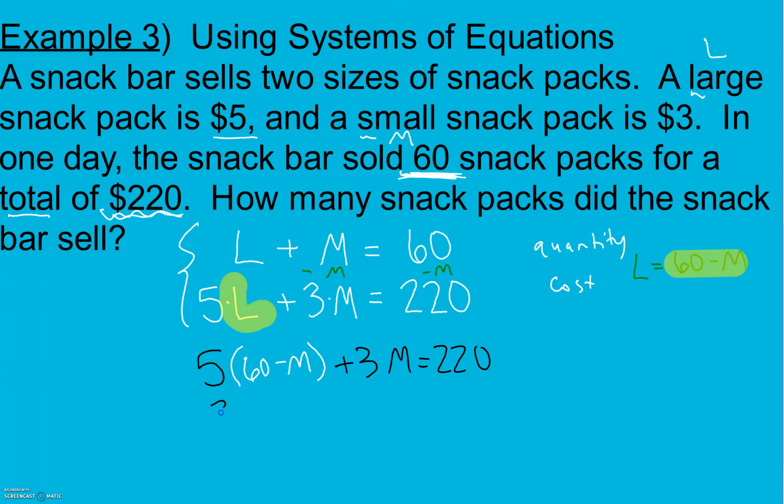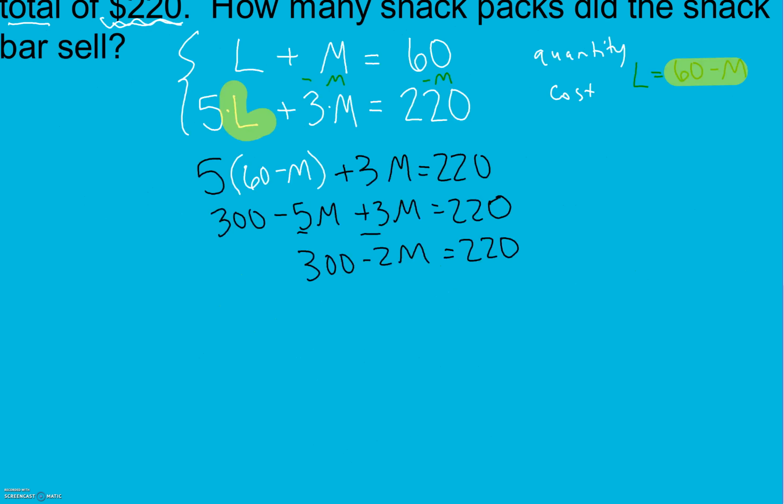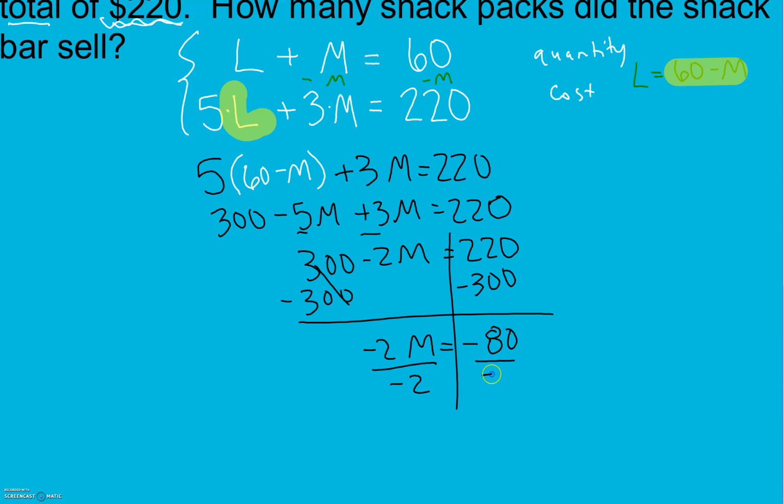Now to solve, we distribute. Combine like terms here. In order to get our variable by itself, I'm going to subtract 300 and divide by -2.